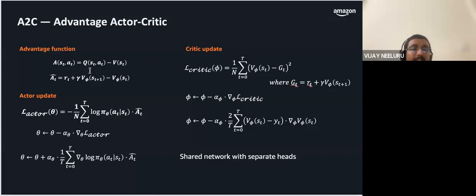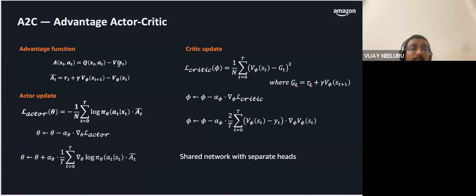The idea is that the advantage function calculates the relative advantage of taking an action compared to the other possible actions at a given state. If advantage is greater than 0, then the gradient is pushed in that direction. If advantage is less than 0, then the gradient is pushed in the opposite direction.